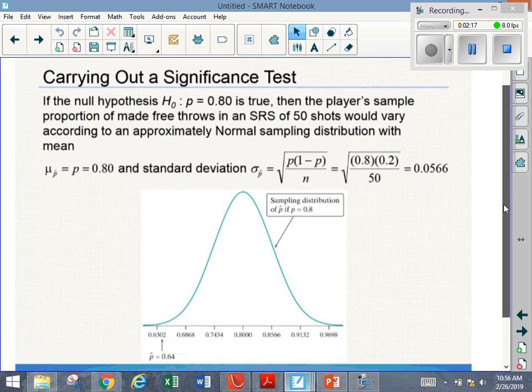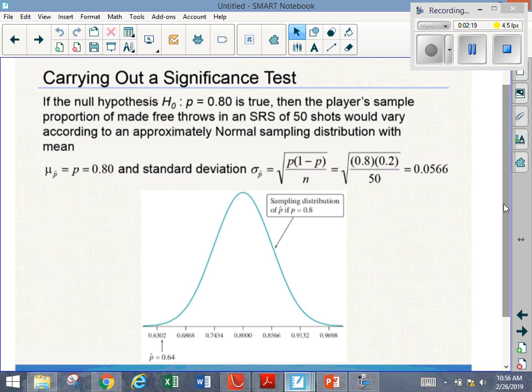All right, so we look at a. So we're going to actually carry out, we're actually going to look at the probability of this occurring using standard normal probability.